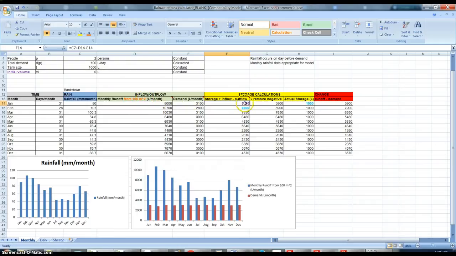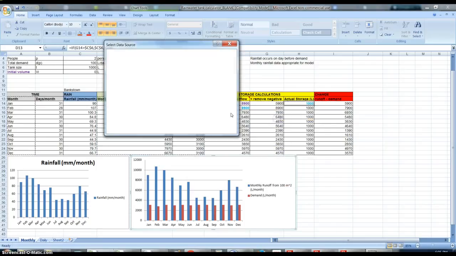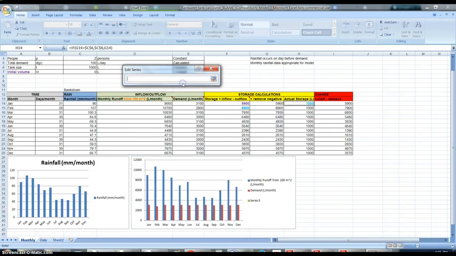And you can see we've got a net positive amount of water coming in, but because our storage volume is only 1,000 litres, the remaining water is going to overflow, and we're only going to have 1,000 litres in our storage. So I might add that to the graph. These are all things we could go through in class.